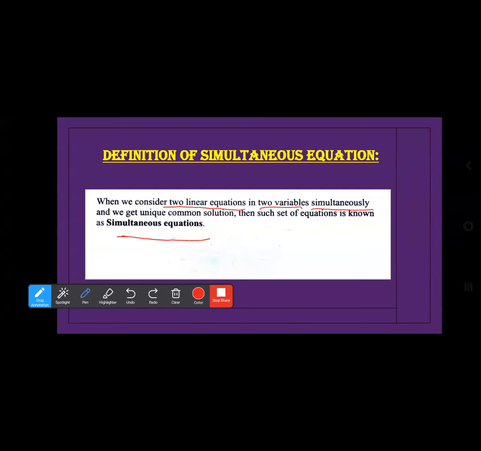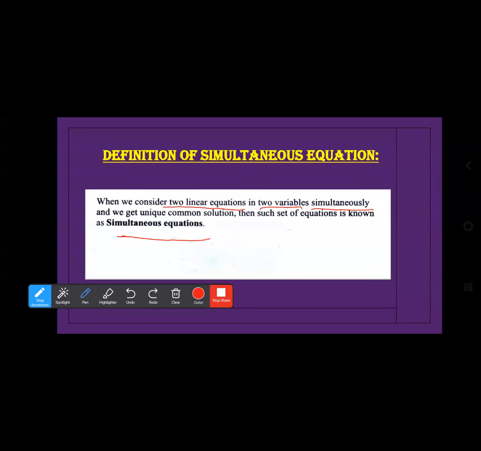This is very, very important, students, because you may get another answer, your friend may get another answer. No doubt both the answers will be correct, but to maintain the uniqueness or to get the unique common solution, there should be a unique solution for both the equations.